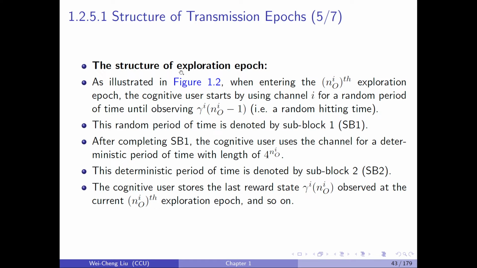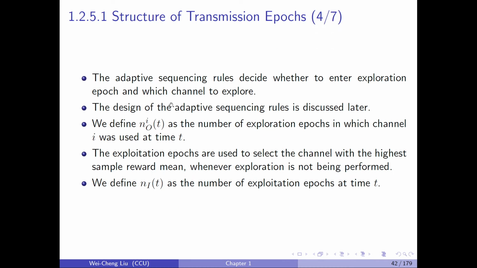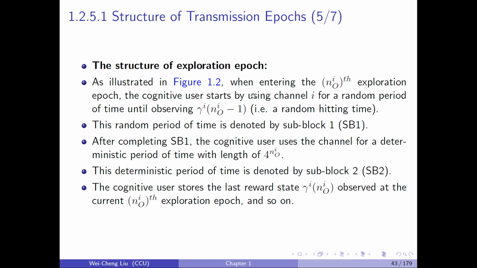The structure of the exploration epoch is illustrated in figure 1.2. Let us go back to this figure. When entering the N_I-th exploration epoch, the cognitive user starts by using channel I for a random period of time until observing gamma I times N_I minus 1.